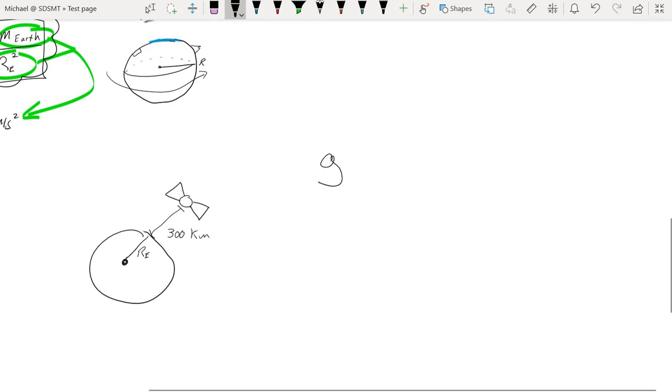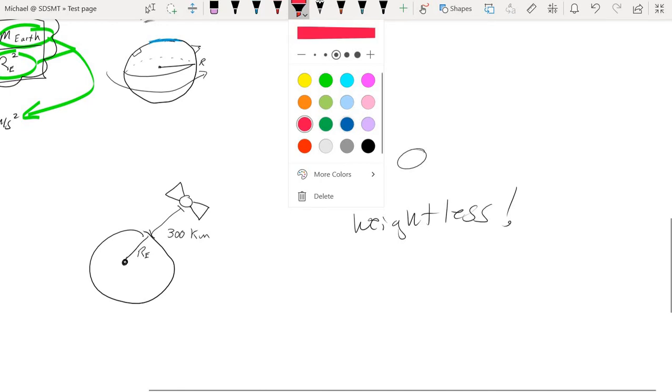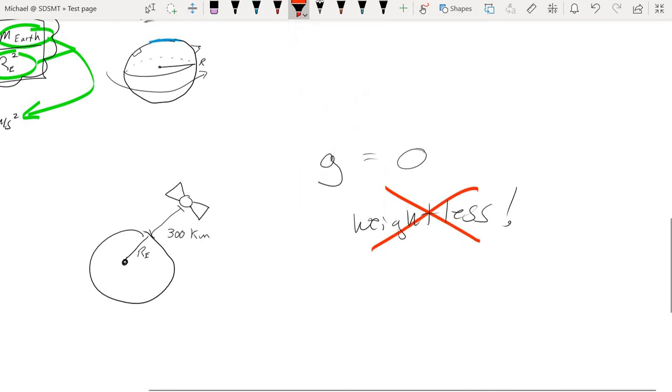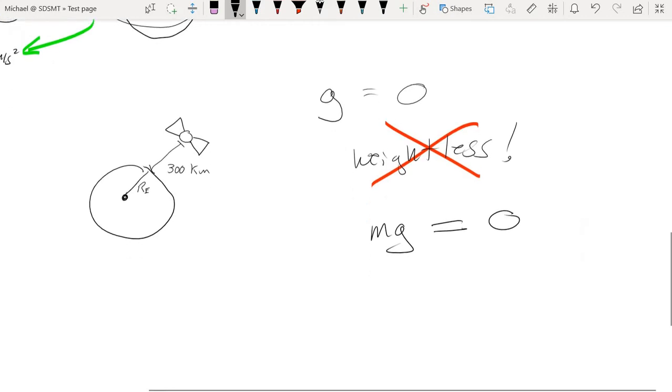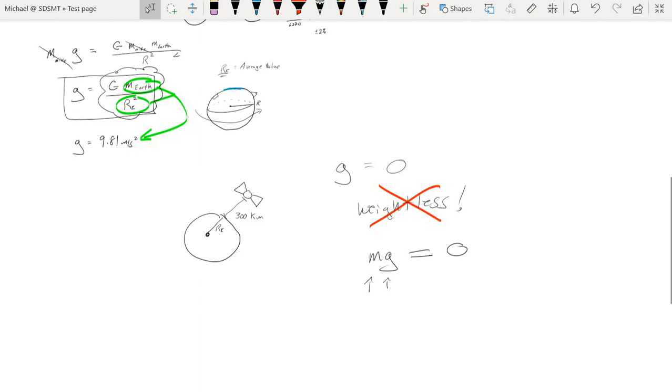And a lot of people kind of jump the gun and they say, oh, it's 0 because they're weightless. And this could not be more incorrect. Okay, they are not weightless. The term weightless implies that you have no weight. So how does that occur? Well, you either have to have 0 mass, which is kind of the trivial solution, or you have to have 0 acceleration due to gravity.